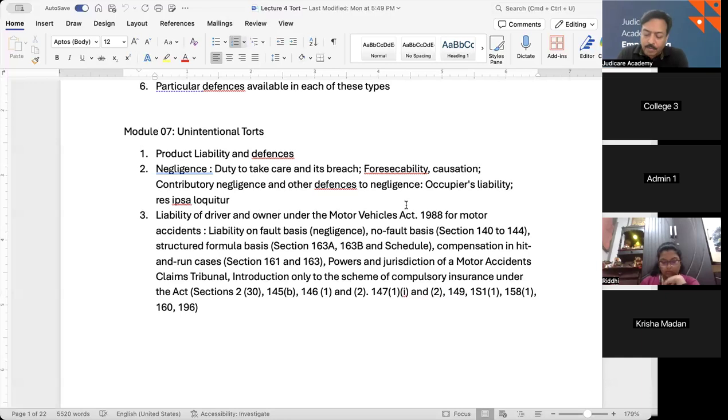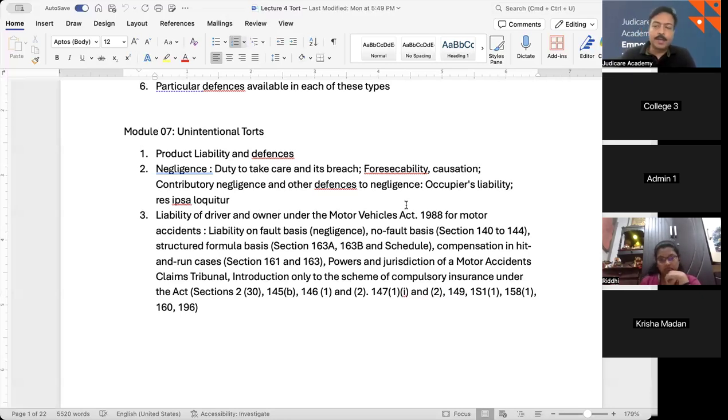Section 144 says overriding effect. The provisions of the chapter shall have effect notwithstanding anything contained in any other provision of this Act or any other law for the time being in force. So this is an overriding effect over anything in the law for the time being.